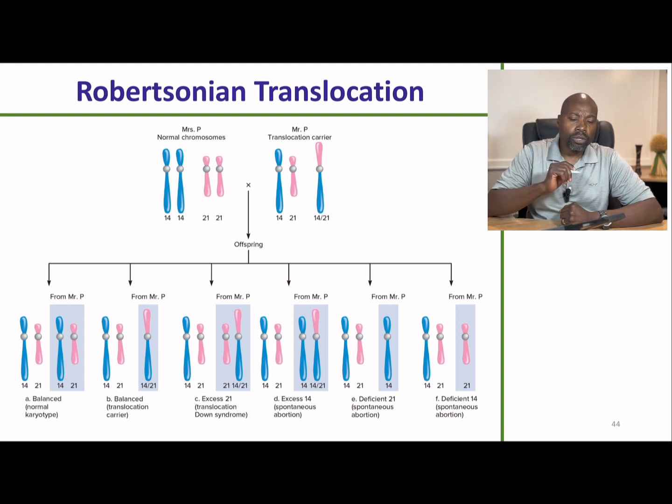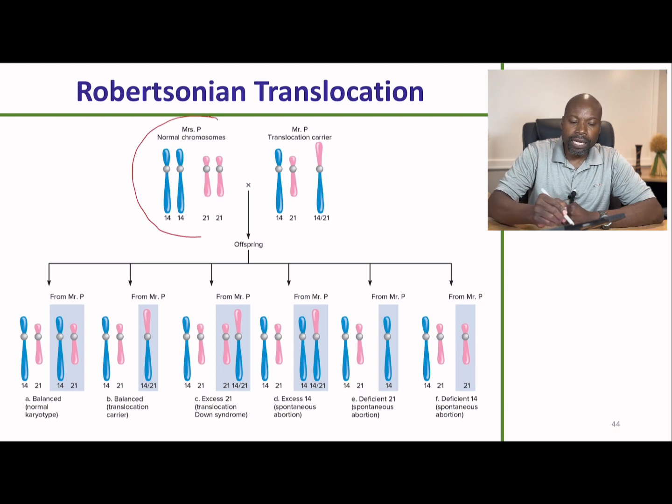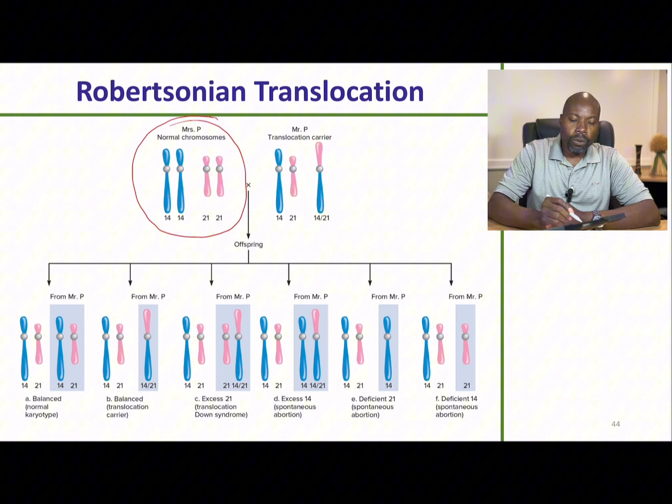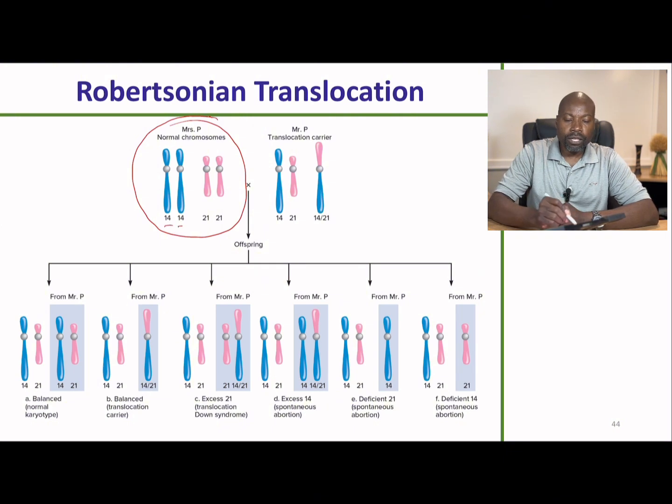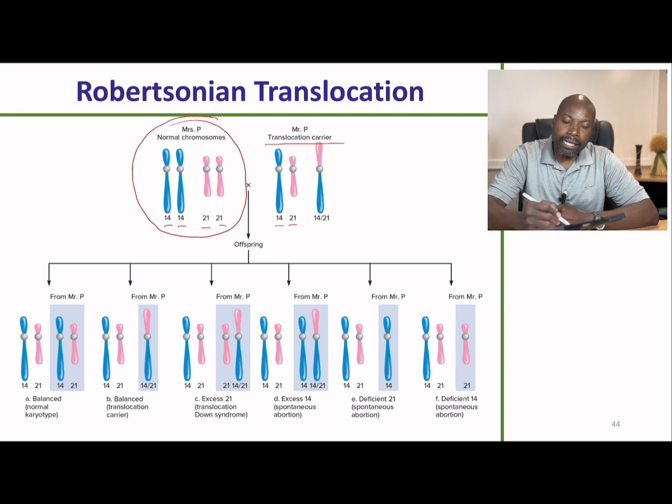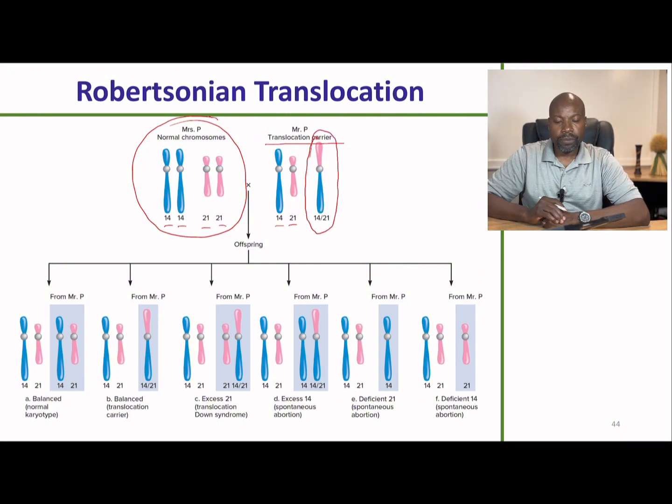In the Robertsonian translocation, well, say here we have Mrs. P, right, with chromosomes 14, chromosomes 21, and Mr. P, okay, with chromosomes 14, 21, and a translocation here between chromosome 14 and chromosome 21, okay? We have a translocation there.